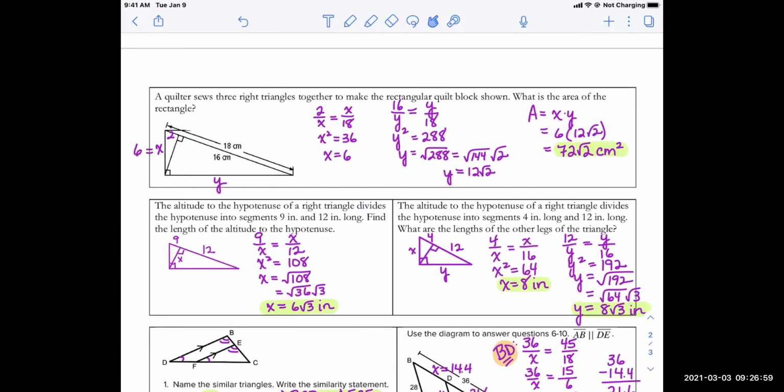So when you see those right triangles with an altitude to the hypotenuse, remember that that can be this, that can be this, and then you always have Pythagorean theorem to use. Area of a rectangle is length times width. So once you figure X and Y, you can just multiply them together. Questions on these 3?